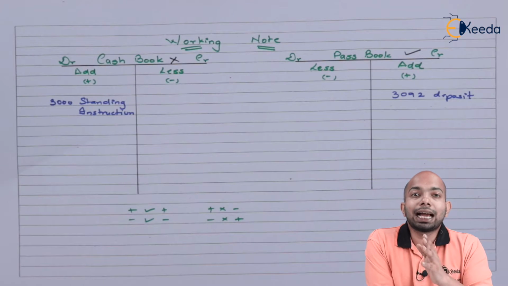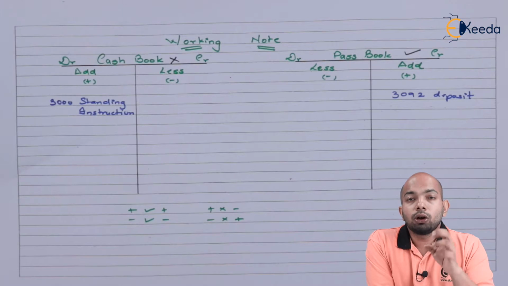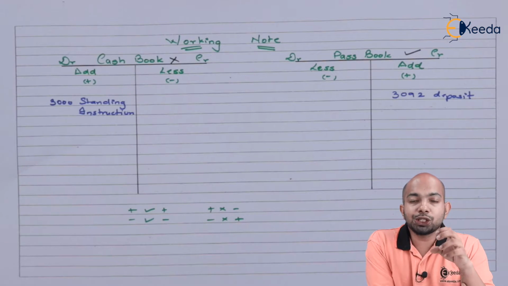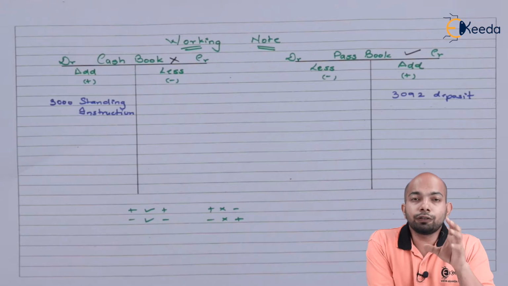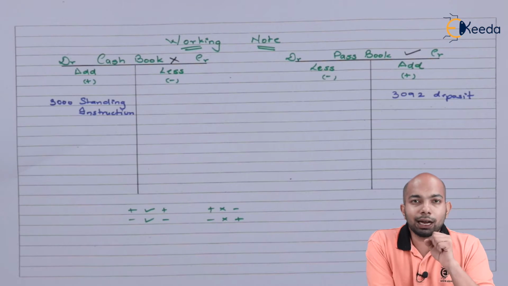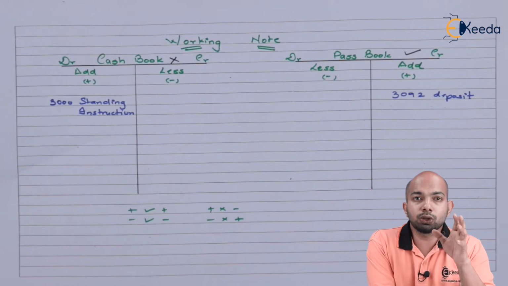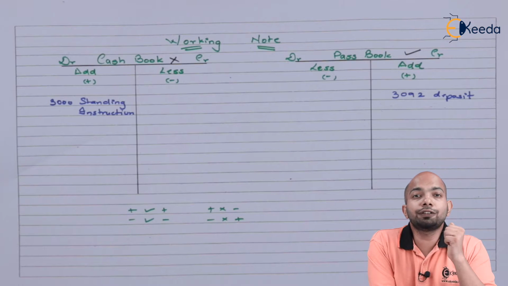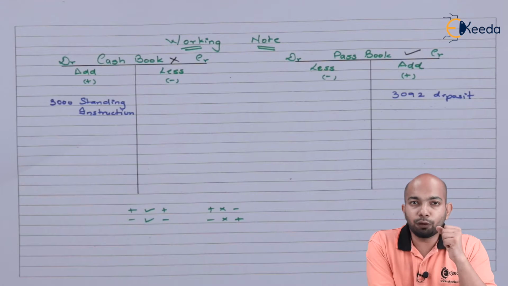However, we gave him a cash discount of 4% on it. Now, when entering the amount, the cashier erroneously entered 4000 instead of the amount after the 4% discount. If you calculate 4% discount on 4000, that would be 160 rupees. So the customer gave us a cheque of 3840. That means 4000 minus 160 gives you a balance of 3840.